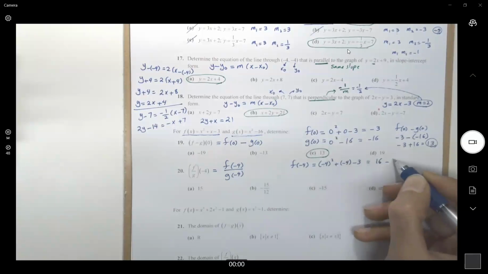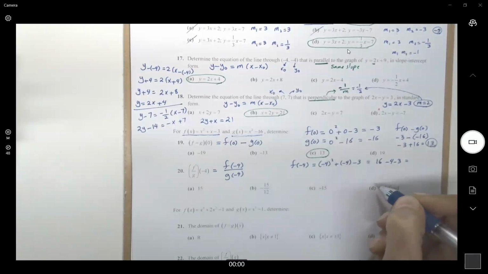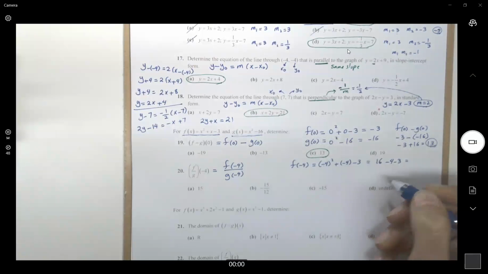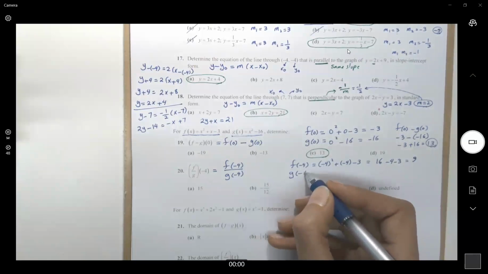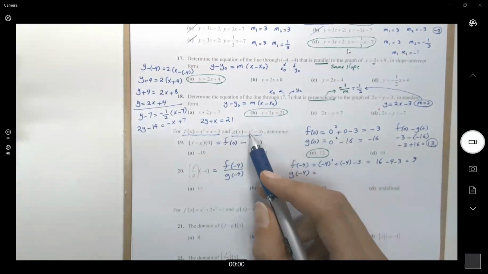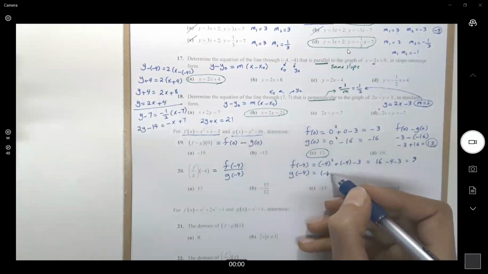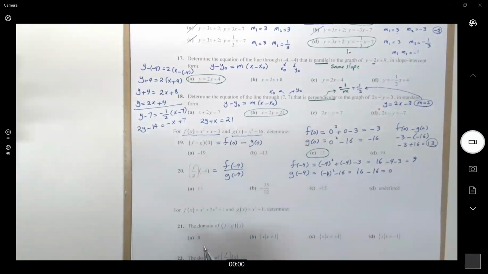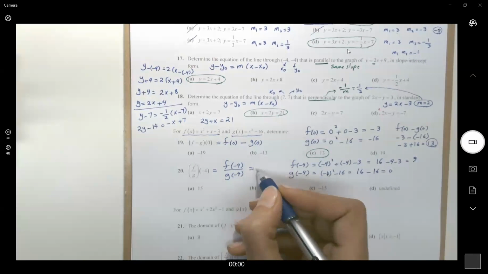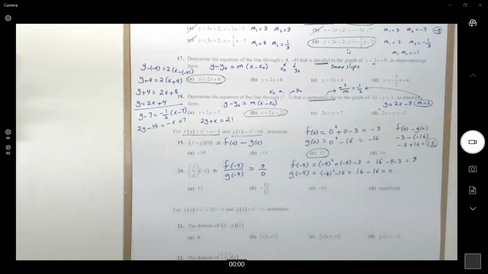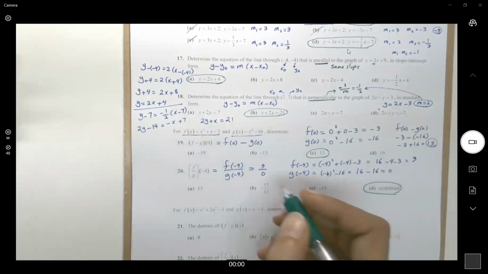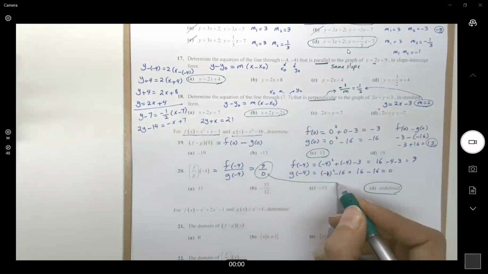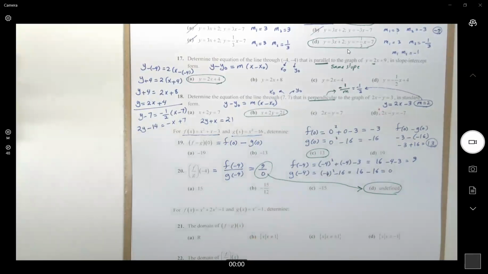And here you have negative 4 minus 3, which gives 9. And g of negative 4 becomes negative 4 squared minus 16, which is 16 minus 16, or 0. So you have 9 over 0, which is undefined. If you have 0 in the denominator, it is undefined.